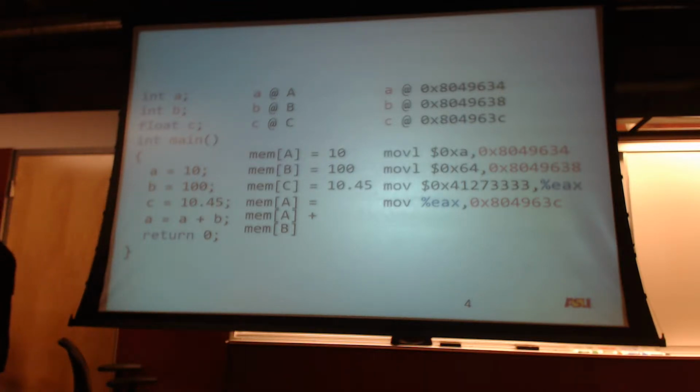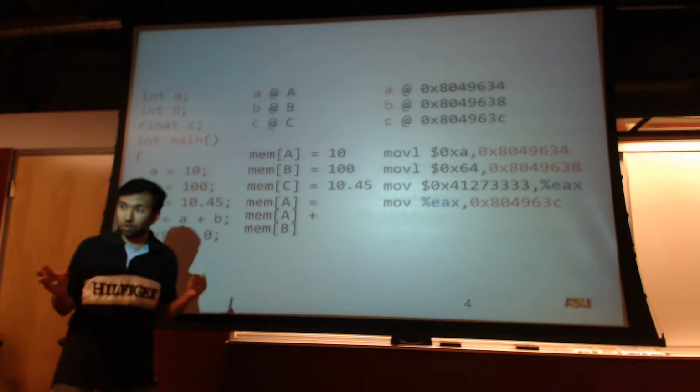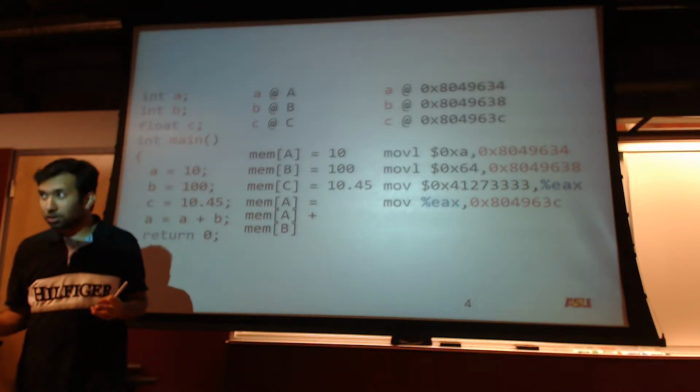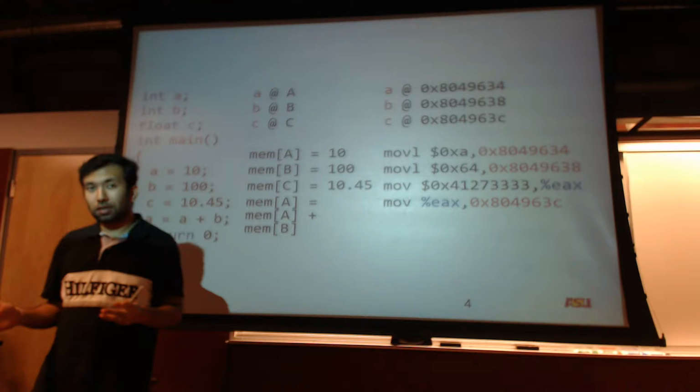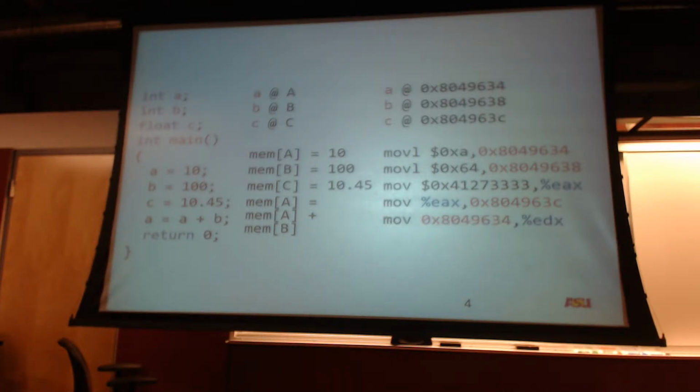Now, what did we say before? We said that A equals A plus B is 3 steps. We talked about registers R1 and R2. We said that we put the arguments in R1 and R2, add them up, and send the result to another register. So what happens? You first move whatever is in A into the register EDX.